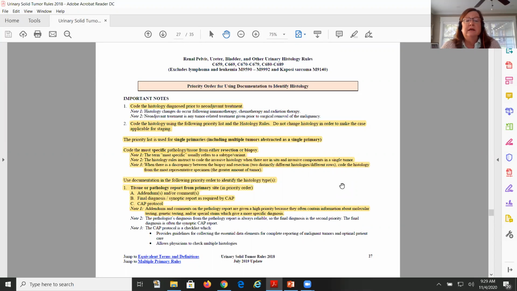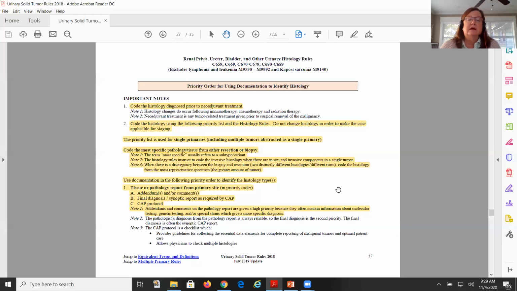First in priority is you use the pathology from the surgical resection in priority order with addendum first, then final diagnosis, and then last from the CAT protocol. The reason that the addendum is prioritized over the final diagnosis is sometimes there is additional testing done on the tumor that might provide you with a more accurate or specific histology.